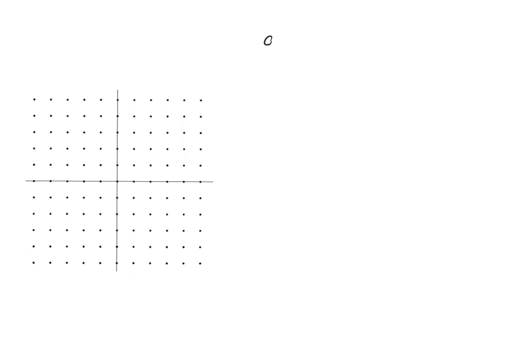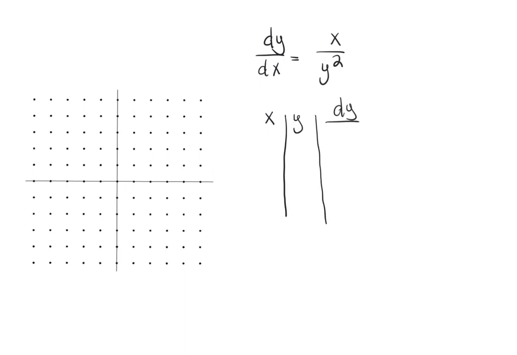Okay, here is our last example. dy over dx equals x over y squared. I want you to try this on your own, but first I want to talk about a couple key things. If you have your chart, what points are going to cause problems? When is y 0? So 1, 0, 2, 0, and whatnot.